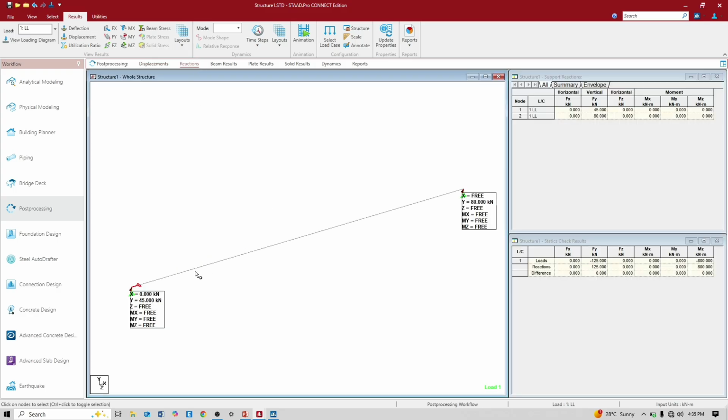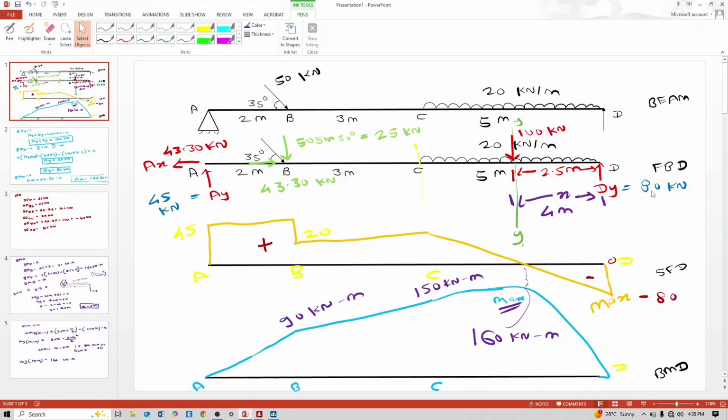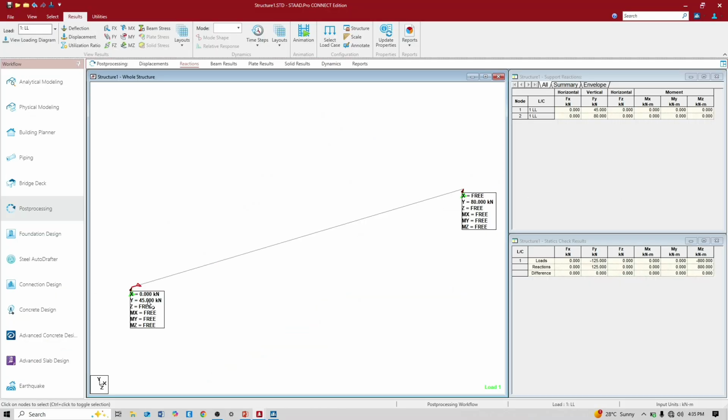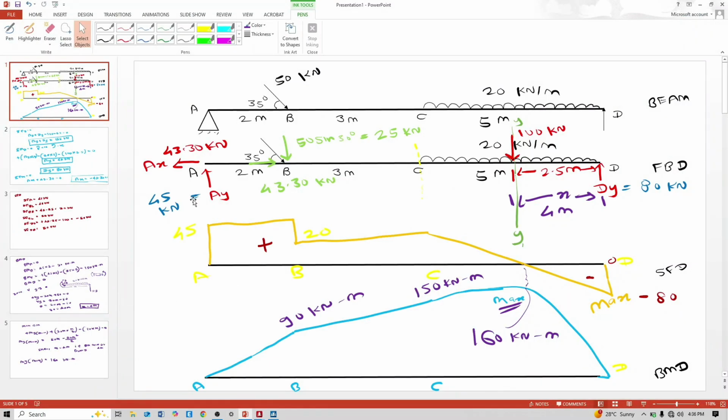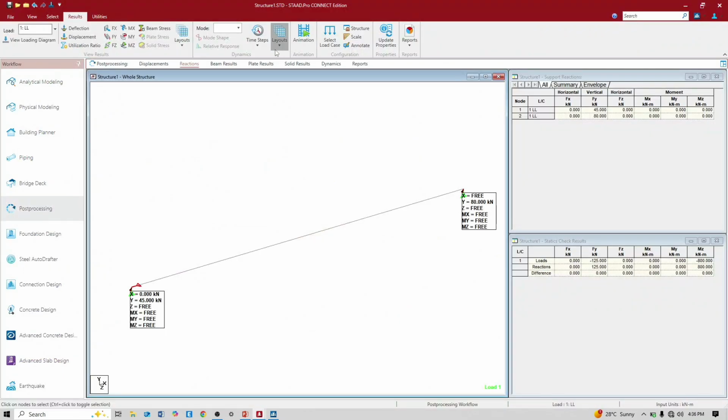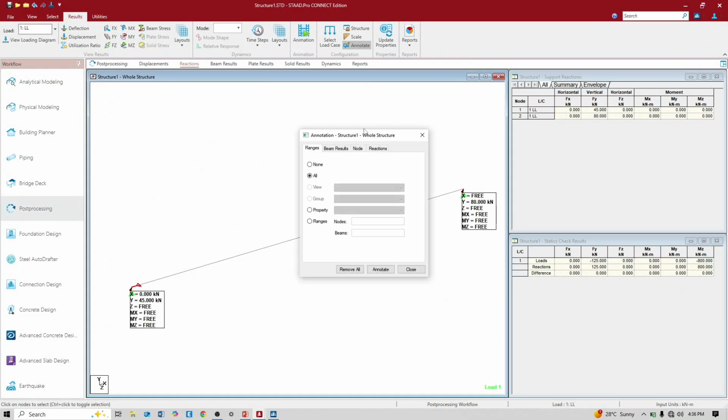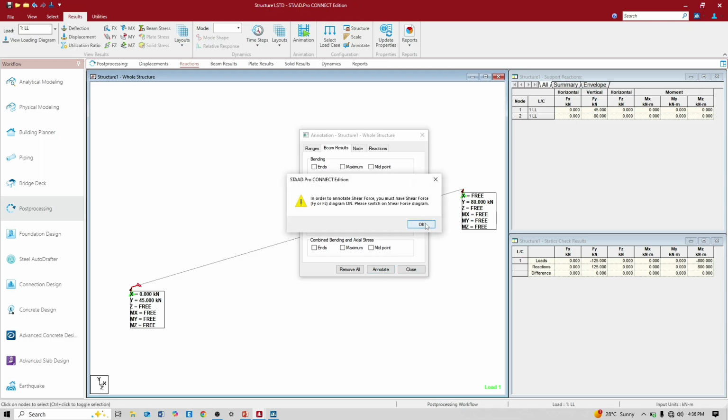Now check what is reaction. Yes, now see, at point D it is 80 kilonewton and our manually calculated is also 80 kilonewton. At point A it is 45 kilonewton. Now check shear force. In order to annotate shear force, you must have shear force FY diagram on. Please switch on diagram.